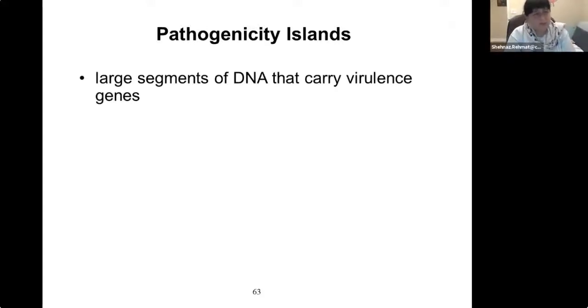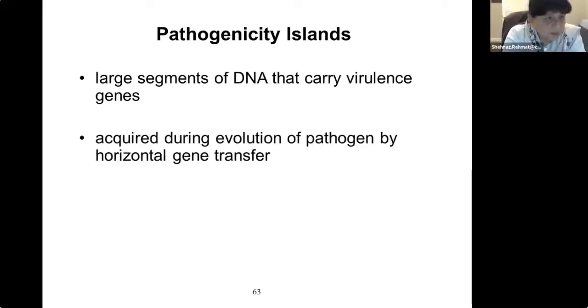So we label those areas of the DNA as pathogenicity islands. And we label them as pathogenicity islands because such islands are not present in the non-pathogenic variety of that bacterium. So in the non-pathogenic variety, no pathogenicity islands will be there. It's a cute term that is being used, where some genes are assembled together that will contribute to the virulence or pathogenicity of that bacterium.